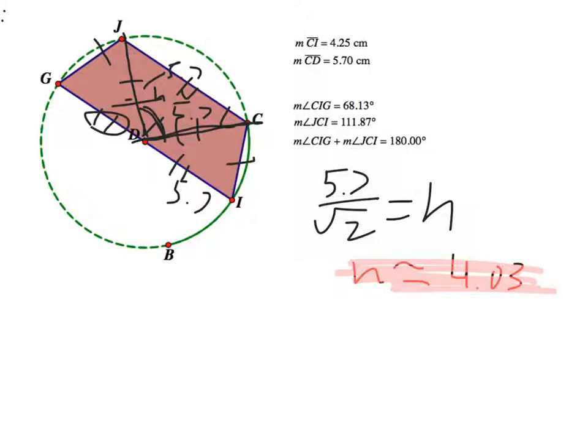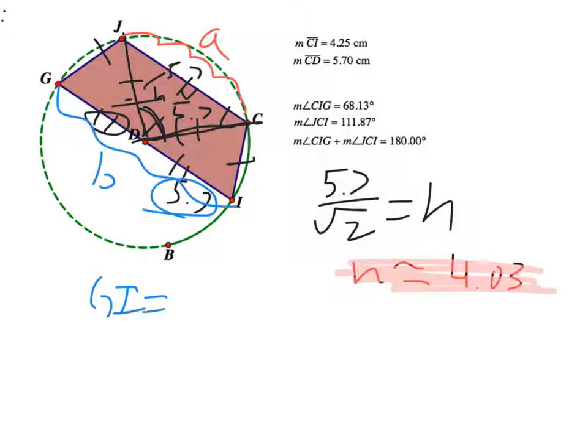So let's call this right here A, and let's call this right here B. We're gonna have an easy time finding B, because that's just 5.7 times 2, because we know the two radii, and the diameter, which is GI, is equal to 2 times the radius. So when we do this, we're gonna get 11.4. So GI is equal to 11.4.